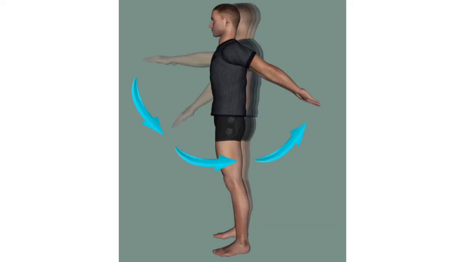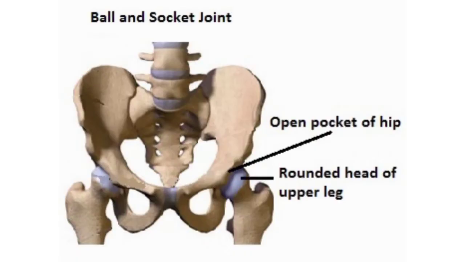The shoulder and hip joints are the only ball and socket joints in the human body. They allow backward, forward, sideways and rotating movements. And also they allow internal and external rotation.